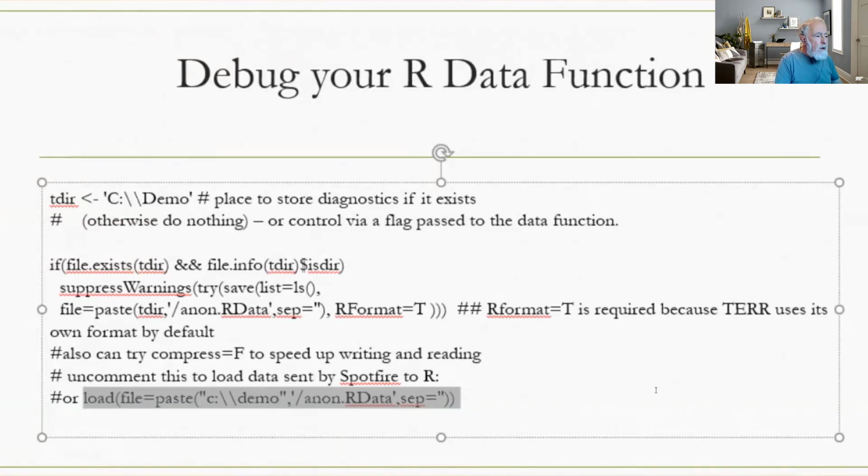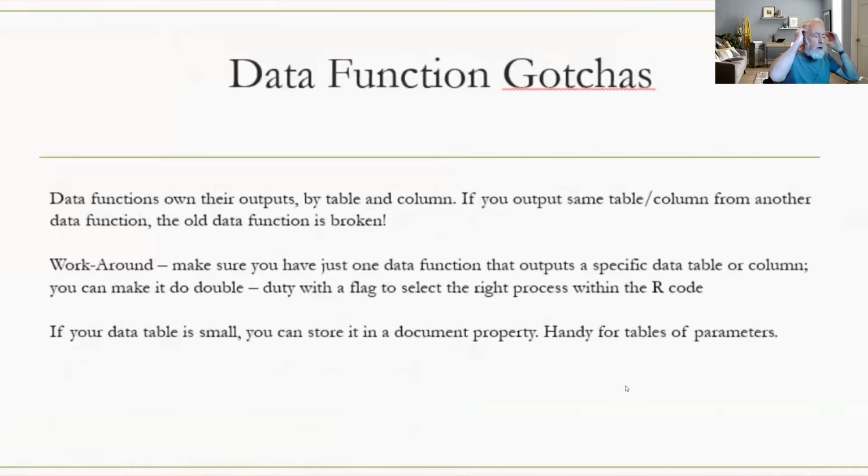Okay, so let's move on to what I call a gotcha, which is not documented anywhere that I've seen. But the fact is that data functions are limited in a certain way, in that they own their outputs.